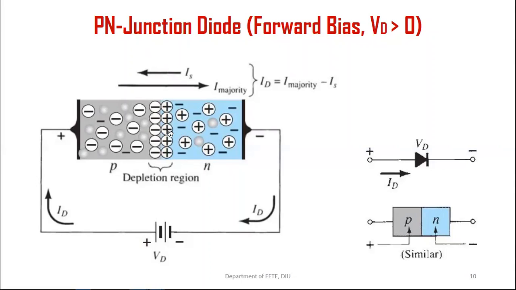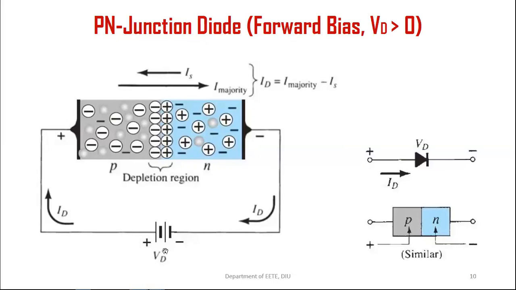Now you see the electron is giving pressure from right to left, and the hole is giving pressure from left to right. So now the depletion region will become thinner. As much as we increase the voltage, the depletion region, this barrier, will be less. As I discussed earlier, the barrier potential for silicon is 0.7 volt.